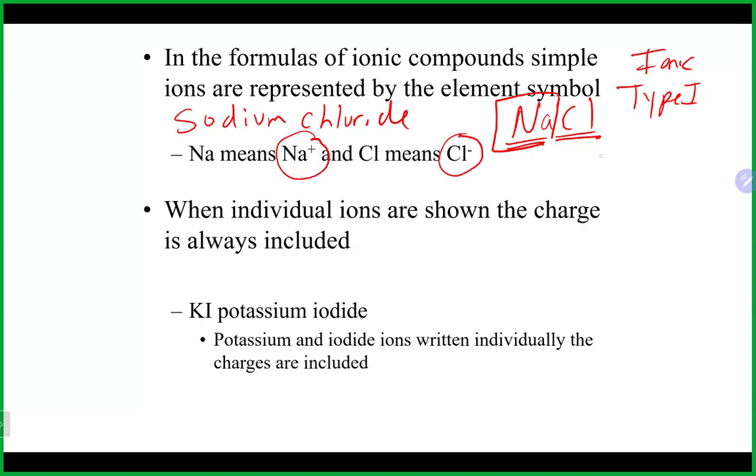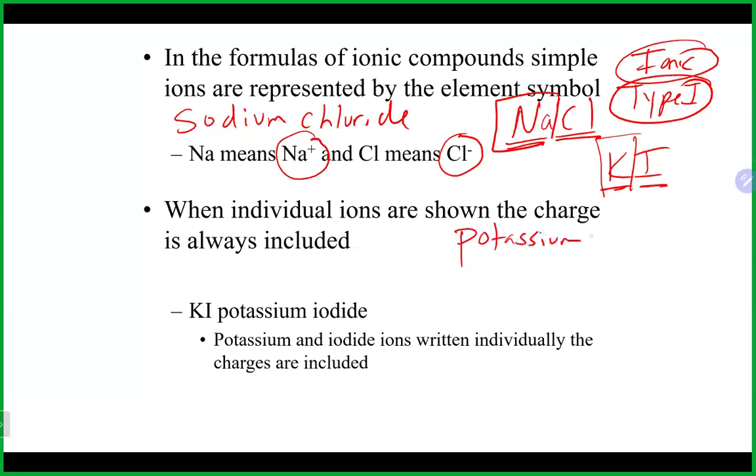When we look at KI that's on the bottom, we would do the same sort of thing. K is a metal, I is a nonmetal, tells me it's ionic. The metal is the most important thing. That is group 1, which has a fixed charge, tells me it's type 1. At that point, I could roll right into my name of potassium iodide.